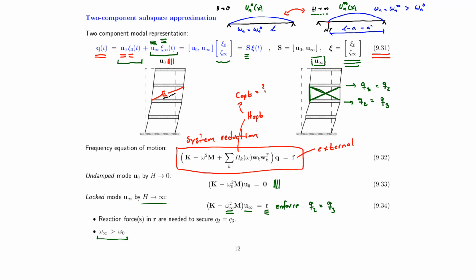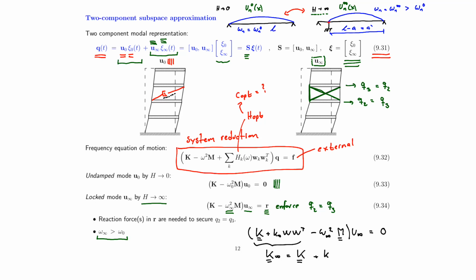Instead, it's sometimes more appropriate to introduce a slightly modified eigenvalue problem that gives us 0 on the right hand side, because from that we will get a matrix K infinity that is equal to the original structural matrix plus this additional term that I've simply introduced.